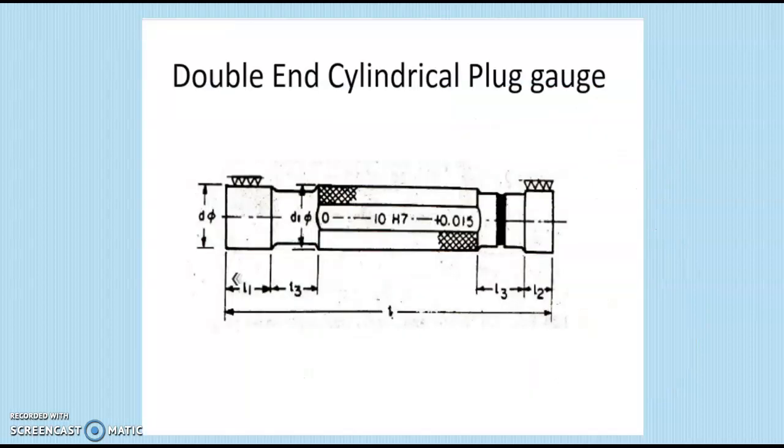These gauges are further classified as double-end plug gauges, double-end snap gauges, or progressive gauges. In this picture, we are considering a double-end cylindrical plug gauge. This is the go end, and here is the no-go end. When the go and no-go gauges are provided on both ends of a gauge, it is known as a double-end plug gauge.